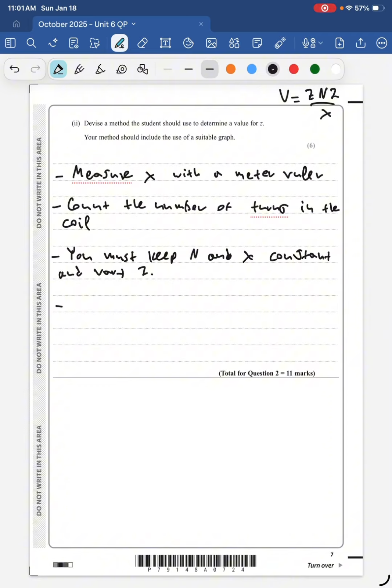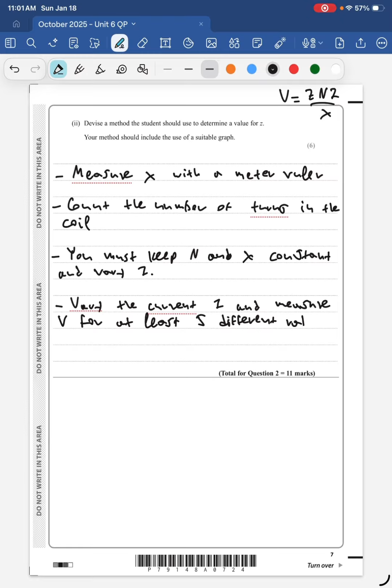So you can vary the current I and measure V for at least 5 different values of I, and plot V versus I, and find the gradient.